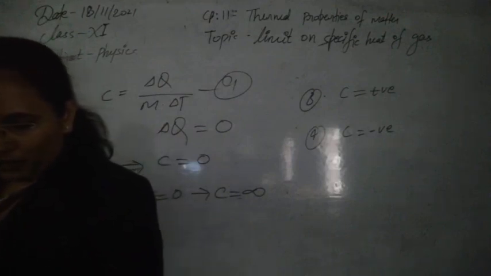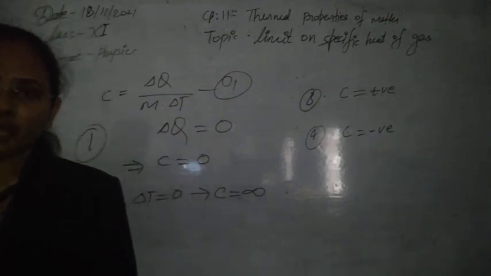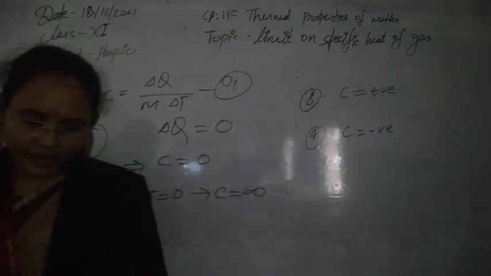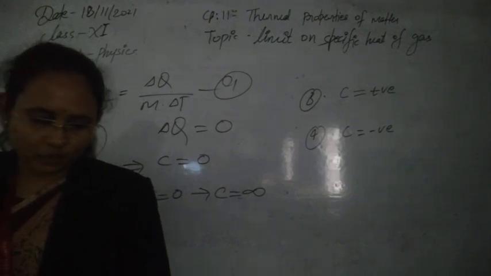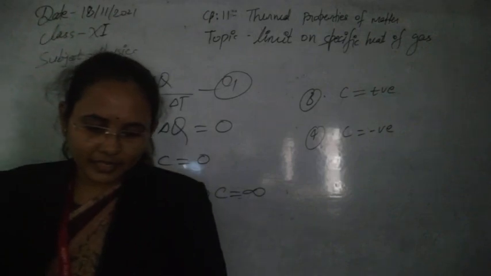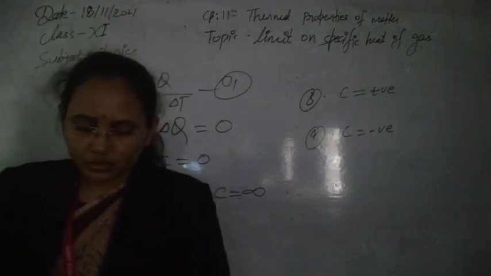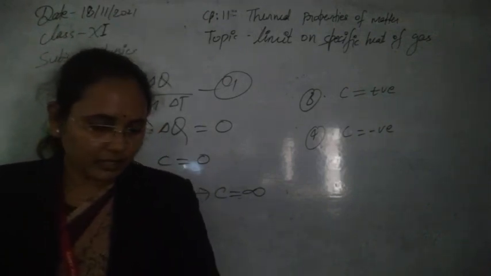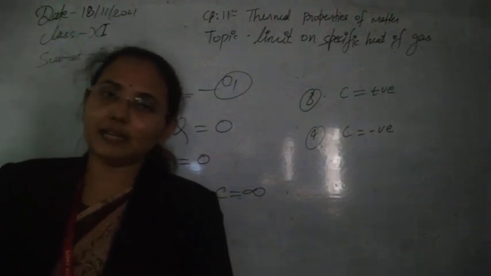We conclude that the specific heat of a gas can have any value ranging from 0 to infinity, and it can even be negative. The exact value of specific heat depends upon the heating mode of the gas.